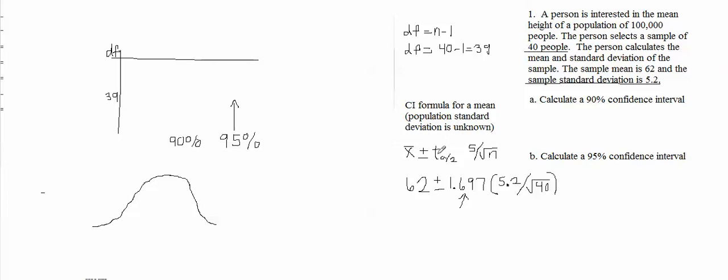So by replacing the z-score with a t-score, which is a bigger number than the z-score, you make the margin of error larger, which makes the confidence interval wider, and that way you can prevent, or at least try to prevent, that problem of the confidence interval no longer including the population mean.